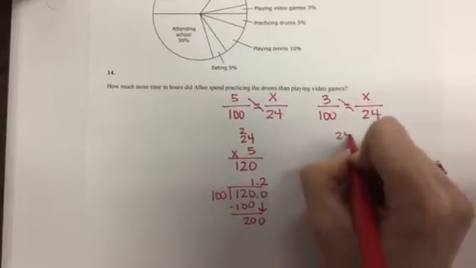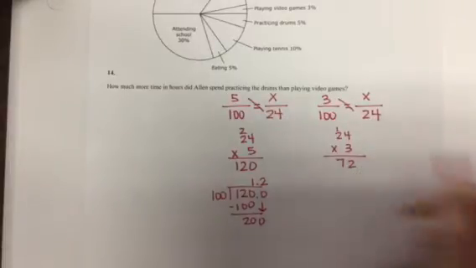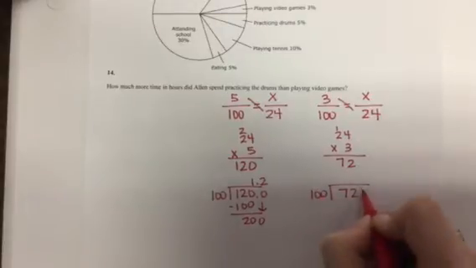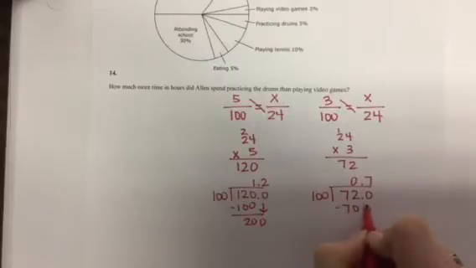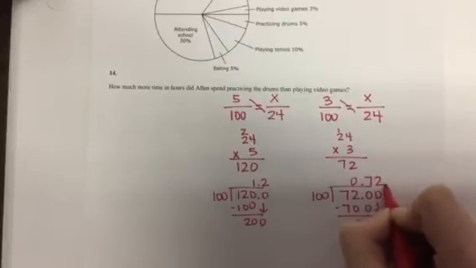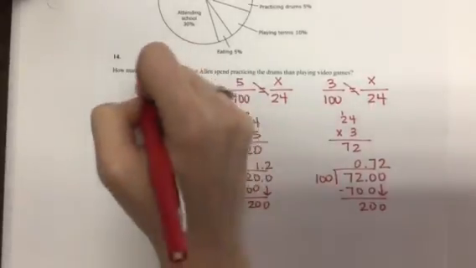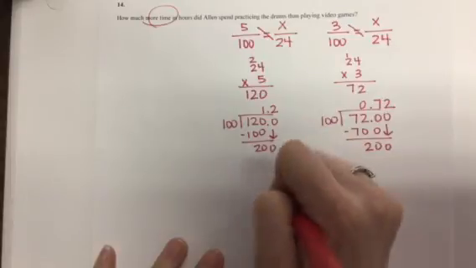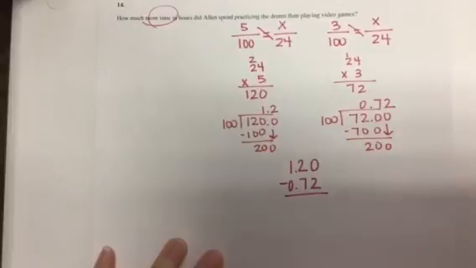For video games, we'll cross multiply one more time and divide by 100. And we see that playing video games is 0.72, and it says how much more time, so we actually want to subtract those two numbers. So I'm going to line up my decimal points. I need a placeholder here.